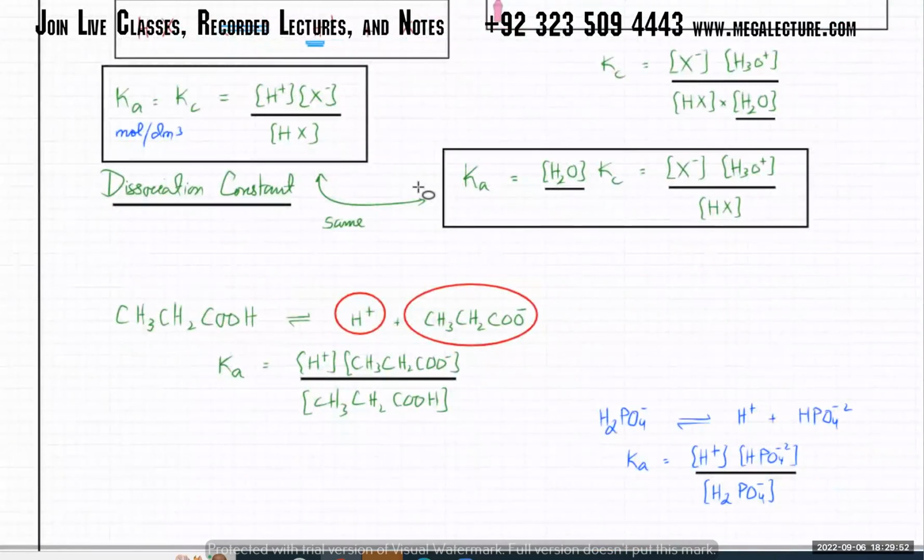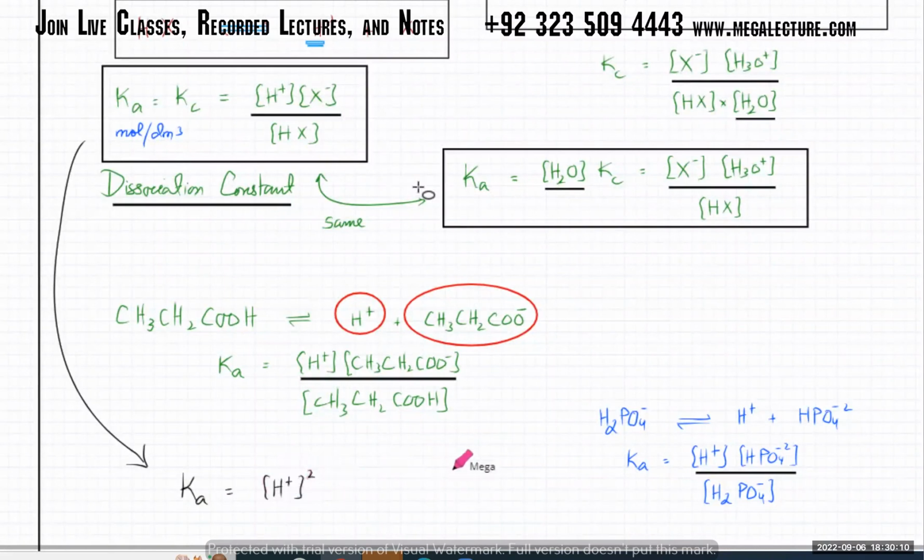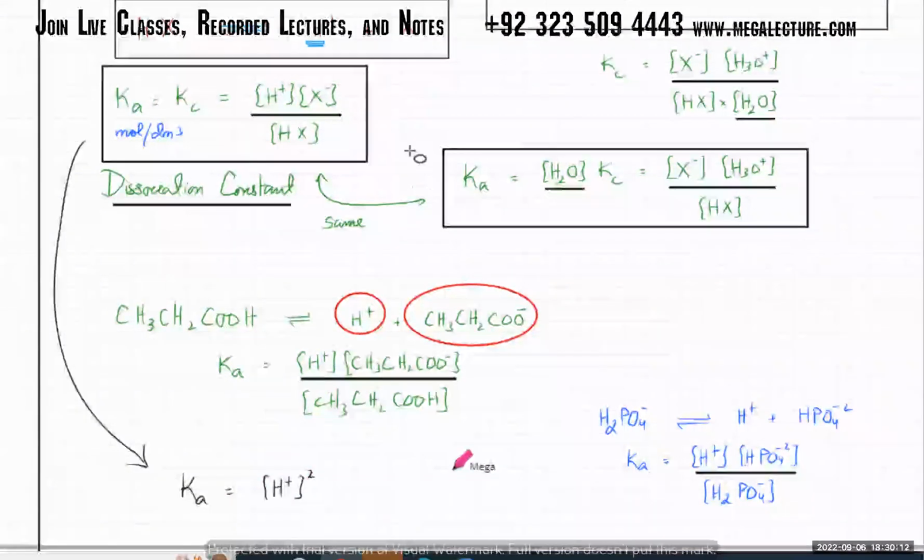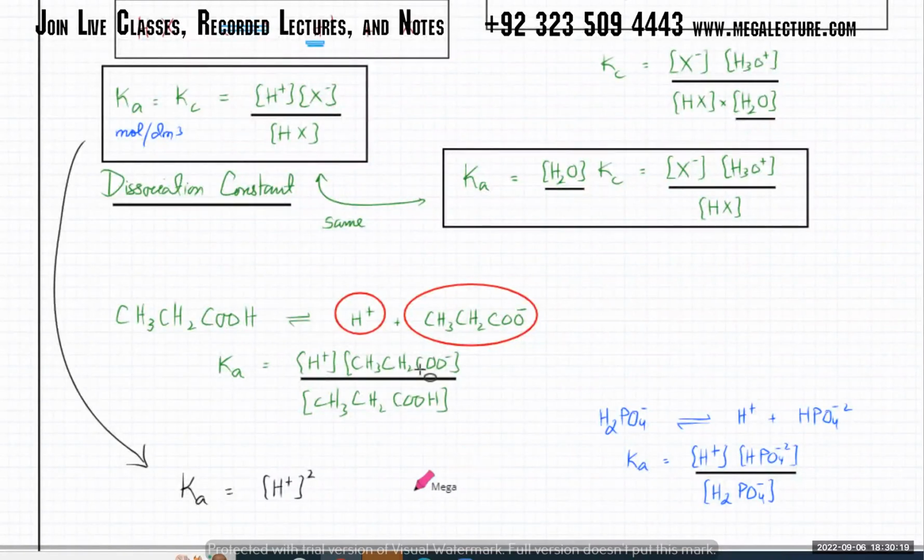So the next thing is you can convert this into another expression: K will become equal to H+ squared. Why write X minus? Because X minus and H+ have exactly the same concentration. So we just write H+ and square it, and divide it by the acid concentration.